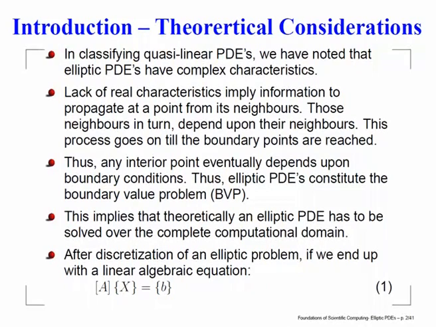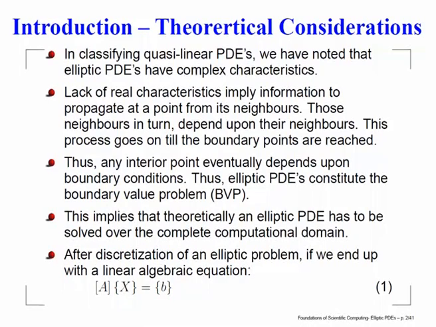We have noted if we are looking at quasi-linear partial differential equations, and if they happen to be elliptic PDEs, we have complex characteristics that render them a boundary value problem, and the reason is that you do not have real characteristics. So, information does not necessarily have a directionality, that it is approaching that point from one particular direction. It means that it can appear from everywhere.